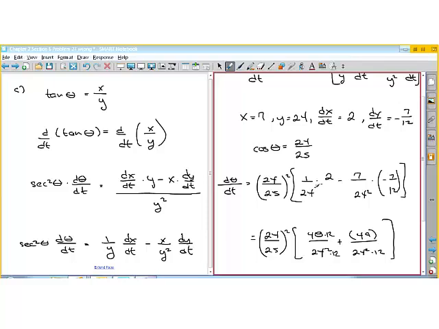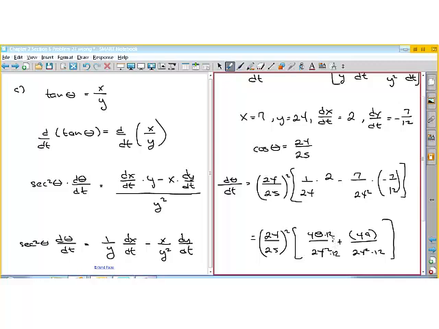It actually comes out to be a surprisingly simple fraction, given how complicated it looks initially. So what I do here is I get a common denominator. I have a 12 and I have a 24 squared. This already has 24 squared and 12 in the denominator, so I multiply the other term by 24 in the numerator and the denominator. So 2 times 24 is 48, and 24 times 24 is 24 squared.